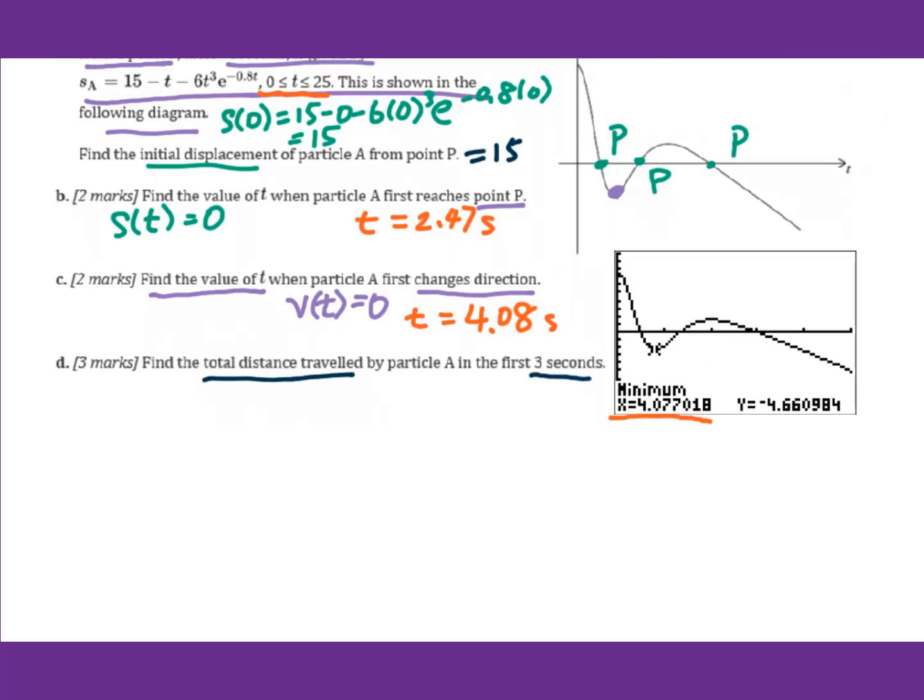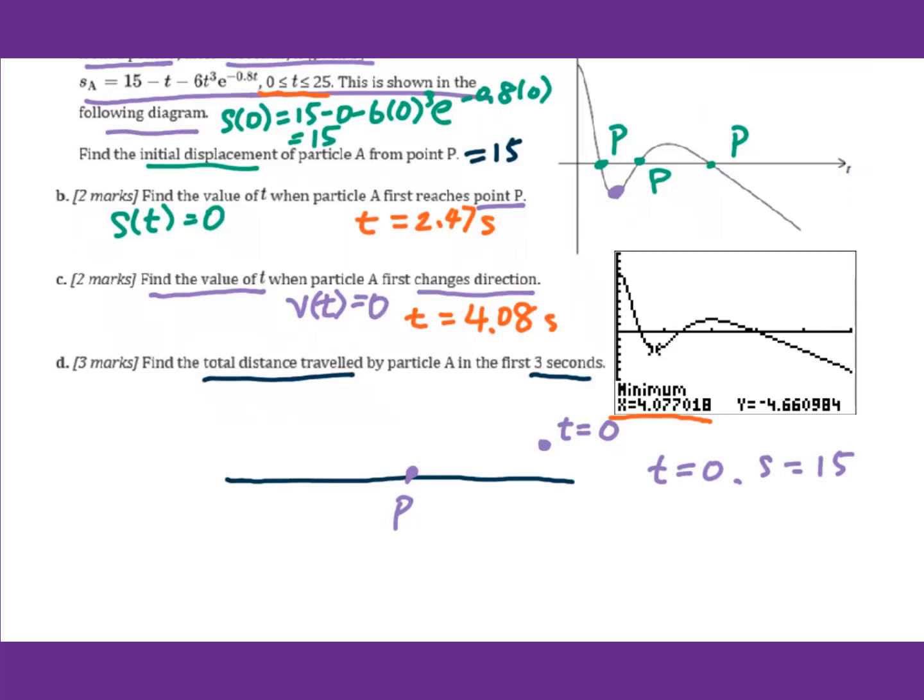The last question, find the total distance traveled by particle A in the first 3 seconds. You have to draw the motion diagram. We call this P. When t equals 0, the displacement equals 15. That's over here. This is t equals 0.